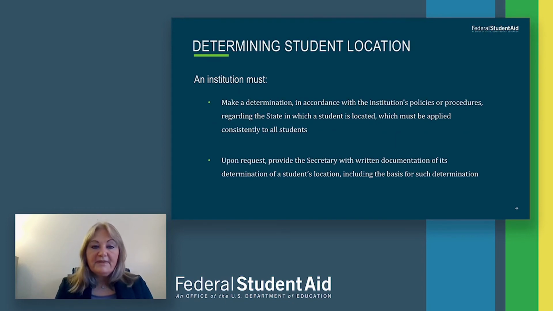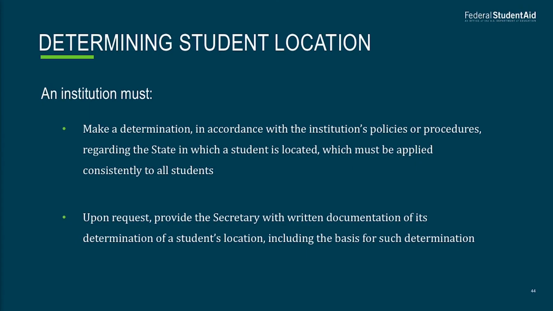Let's talk about determining student location. The institution determines the student's location at the time of initial enrollment based on the information provided by the student and upon receipt of information from the student that the location has changed in accordance with the institution's procedures. Institutions may, however, develop procedures for determining student location that are best suited to their organization and the student population they serve.